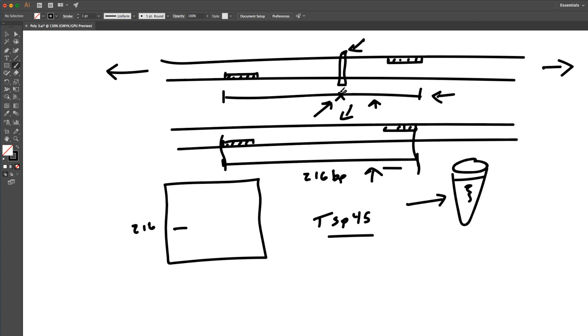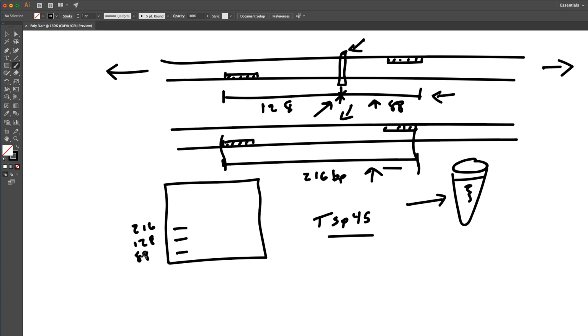And then you should have one that gets cleaved. That is, the mutated allele should get cleaved, and you should get a band at 128 and 88 base pairs. So you get another band here at 128, and then a band down here at 88 base pairs.